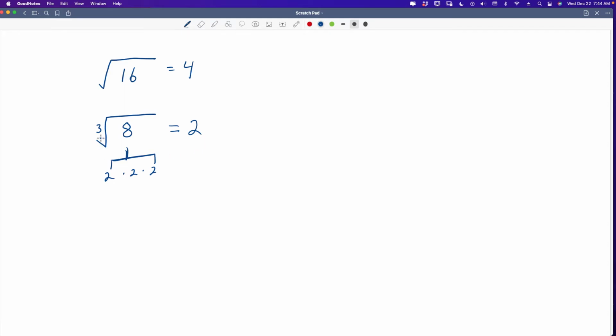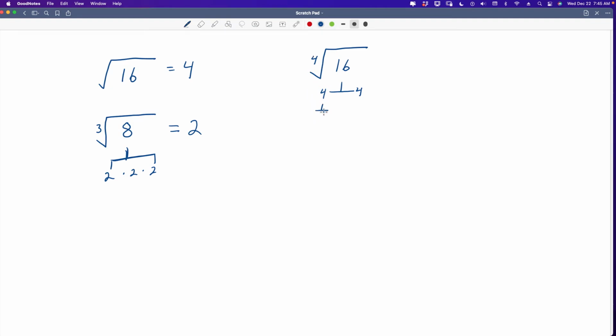All right. See how that works? So this is what we call a higher order or an indexed root. So if I were to say, what is the 4th root of 16? That would mean what number times itself 4 times gives me 16. So we could do a factor tree and find out. First of all, we know that 4 times 4 gives me 16, but that's only 2 numbers. I need 4 numbers. Right here, this says 4 numbers.